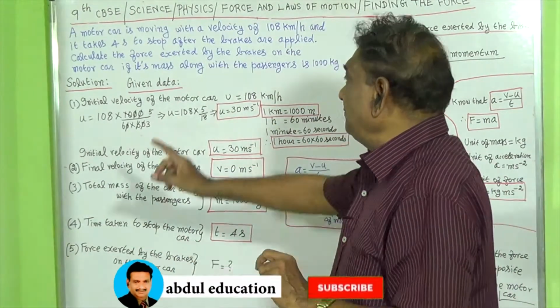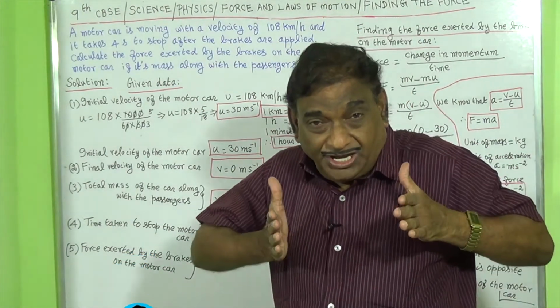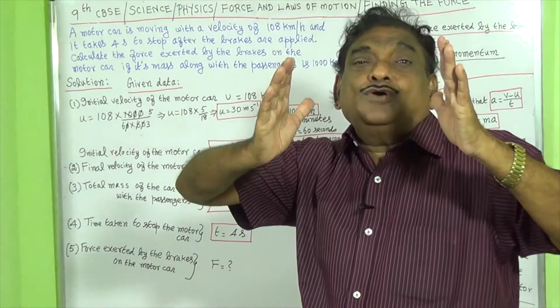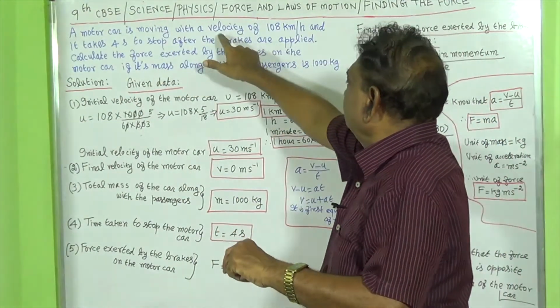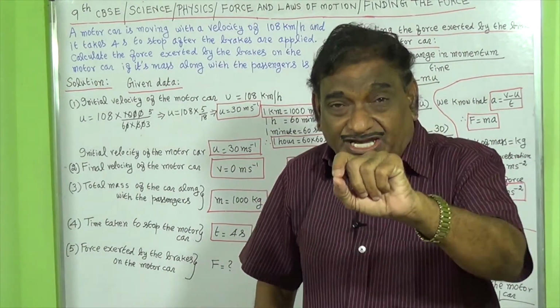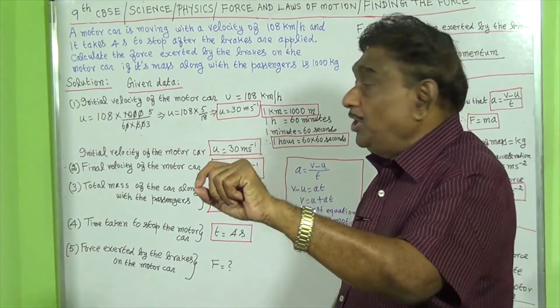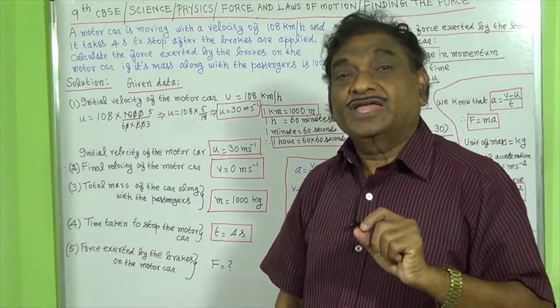What is the sum? A motor car is moving with a velocity of 108 km per hour. It takes 4 seconds to stop after the brakes are applied.